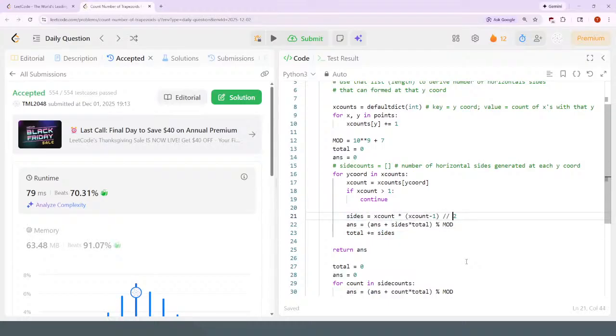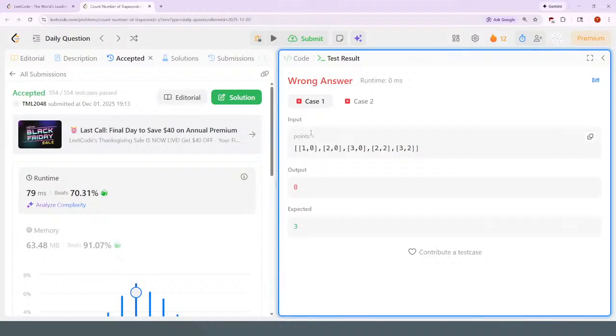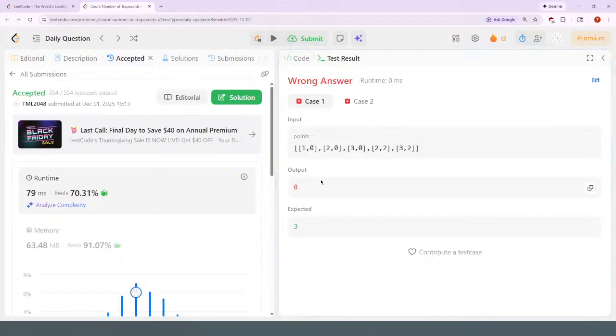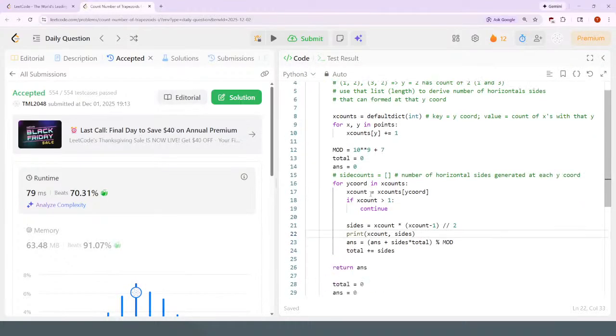Odd. Print sides. X count and sides, I guess. Doesn't get that far. Did I return?